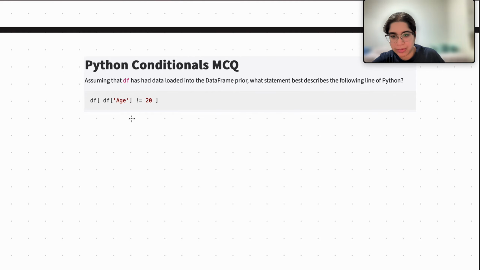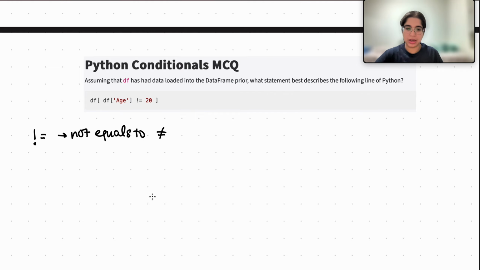So right away we have different types of operators that we can use in Python, right? There's the not equals to. This means not equal to, and it's like the not equal to operator in math.